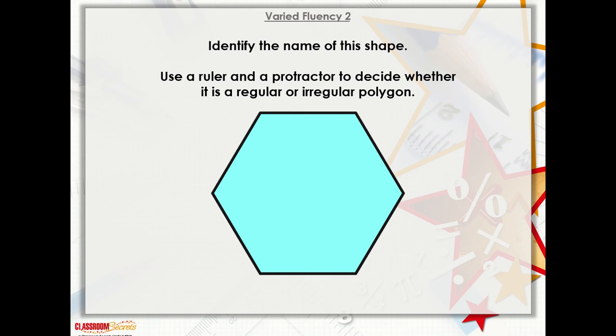Use a ruler, decide whether it's regular or irregular. Are all those sides the same length? That's what you're going to have to do on your sheet. I wonder what you think about this shape. Well, it is a hexagon and it is regular. They are all the same side. I think we've got a pretty good idea about that just by looking at that one. Let's look at the next one.